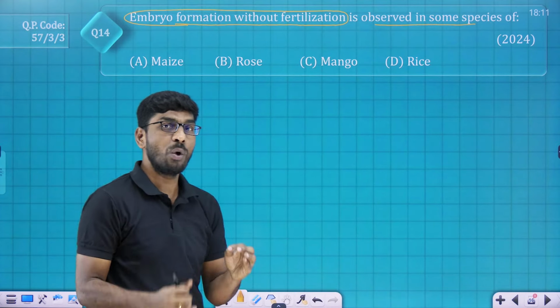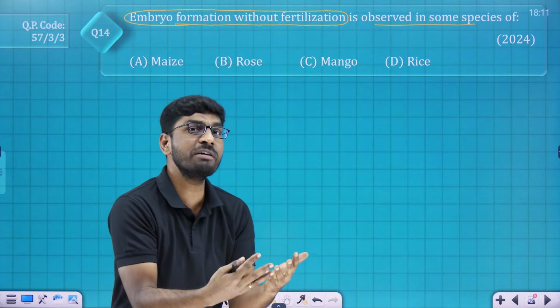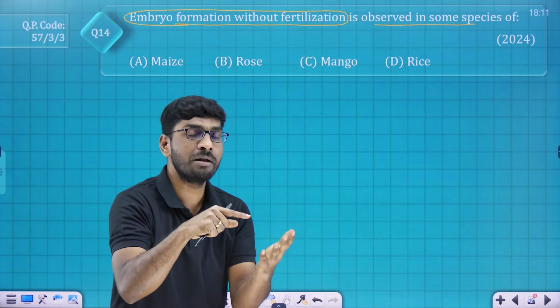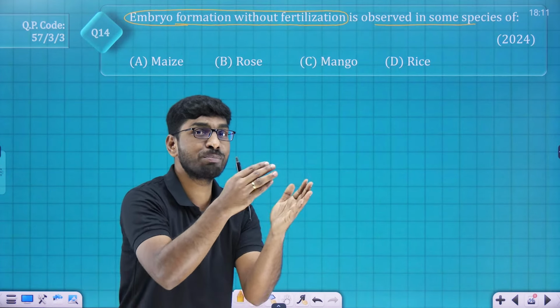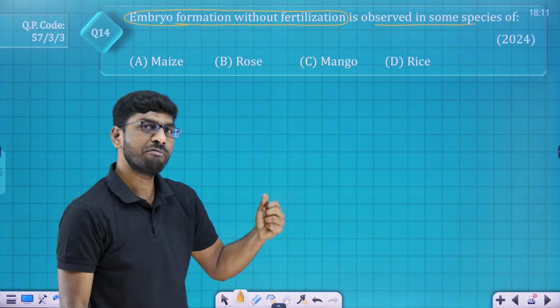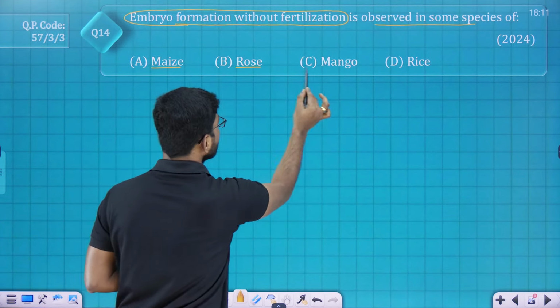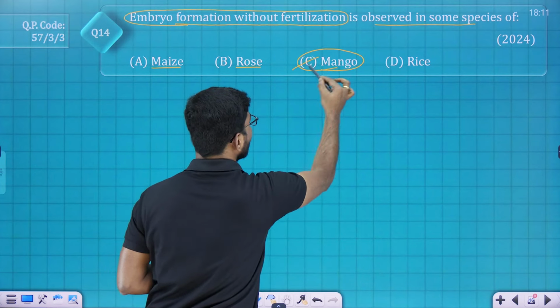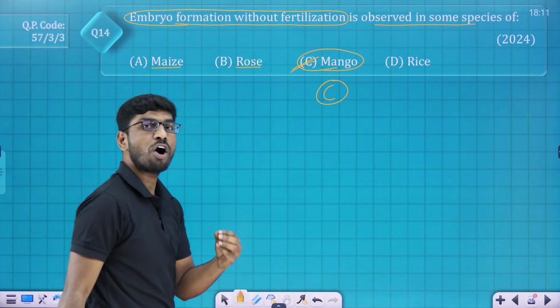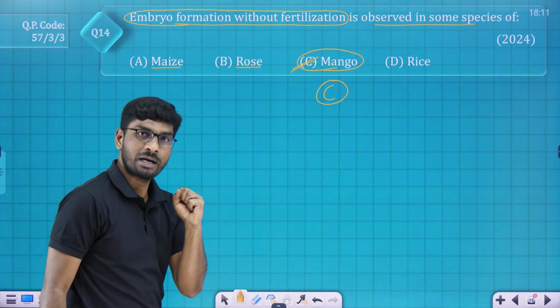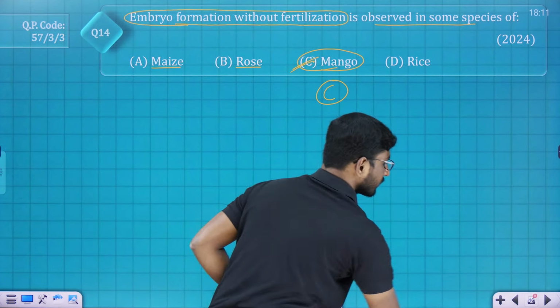I told you just now, embryos forming without fertilization can be seen in mango and citrus. Polyembryony, I said. Find out the correct answer. Maize is monocot, rose, mango. So the right answer is option C, mango. Polyembryony. Am I clear? Come to the next question.